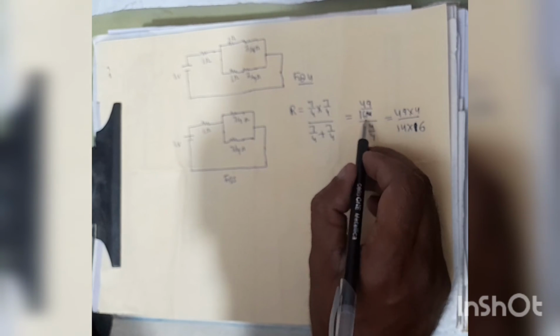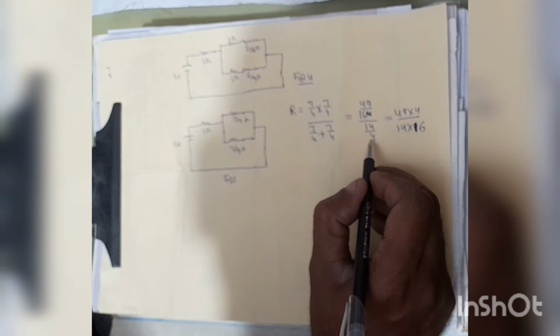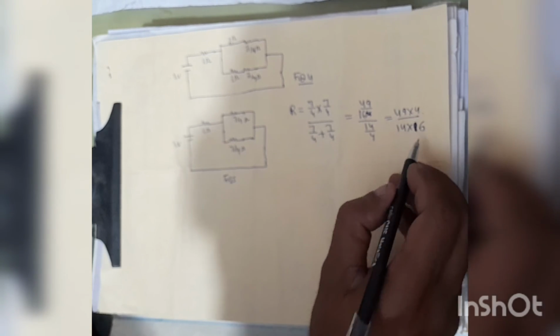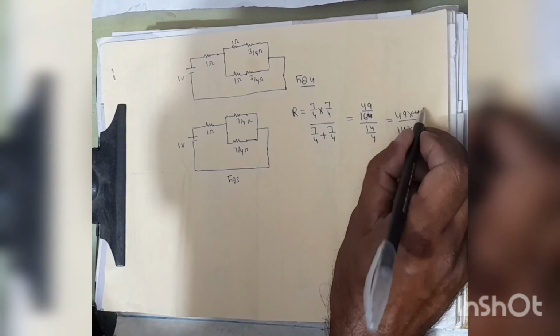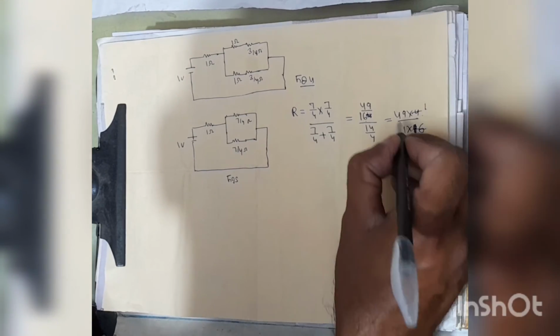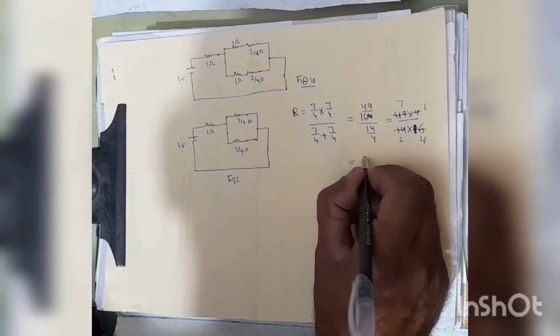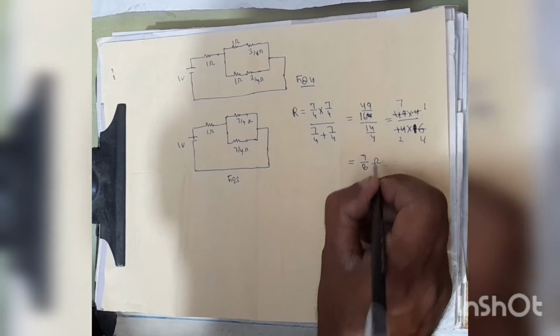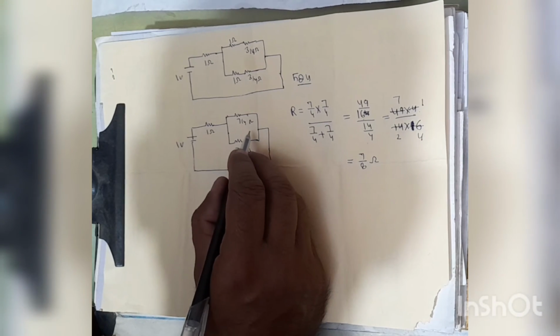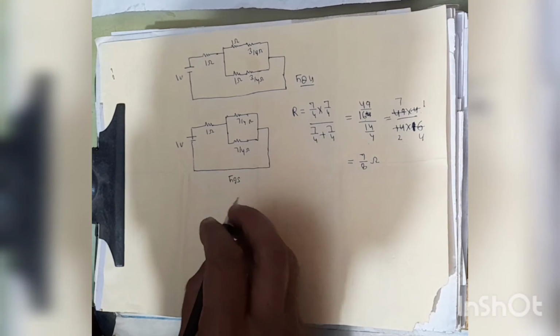So this is 49/16, and this is 14/4. This will be 49 multiplied by 4 divided by 14 multiplied by 16. So 4 ones are 4, 4 fours are 16, 7 sevens are 49, 7 twos are 14. So this will be 7/8 ohm. So the parallel combination of two 7/4 ohm resistances will give 7/8 ohm.